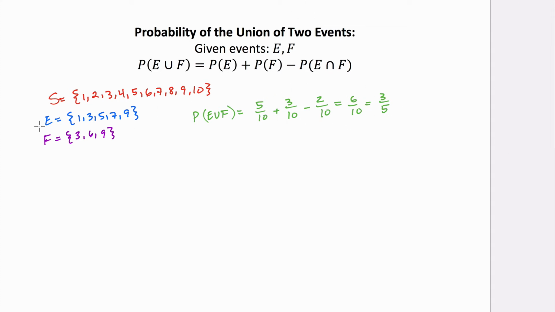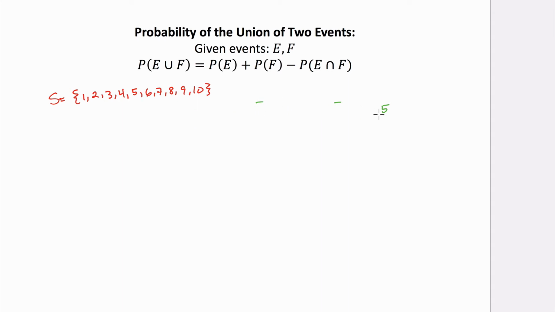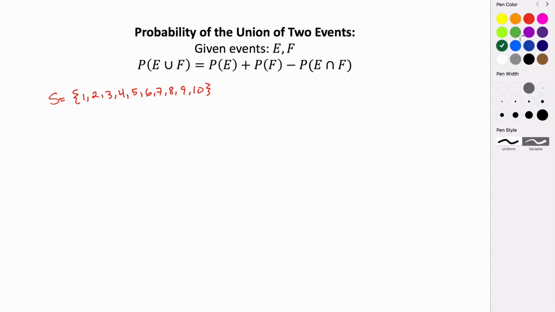But let's say we were looking at two different events. Same sample space, but different two events. Maybe our two events now are E is picking a number 1 through 4, 1, 2, 3, 4. And F was picking just a 9 or a 10.